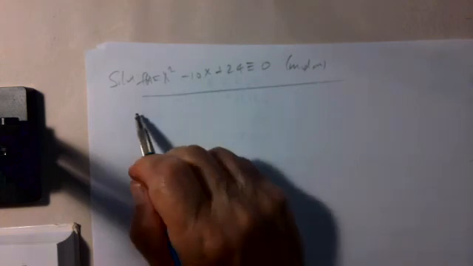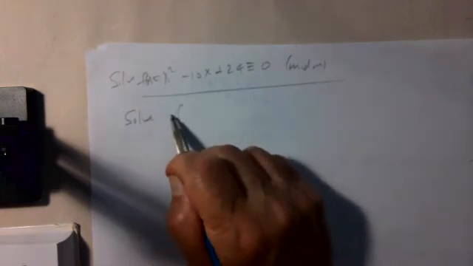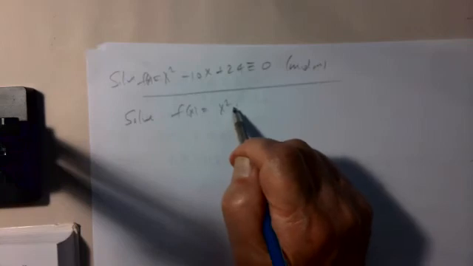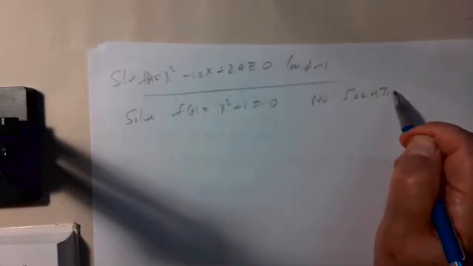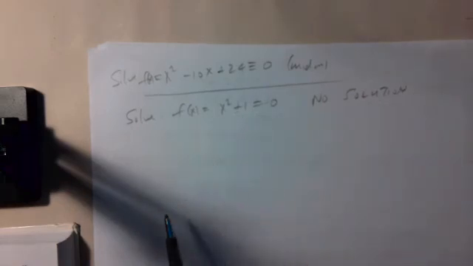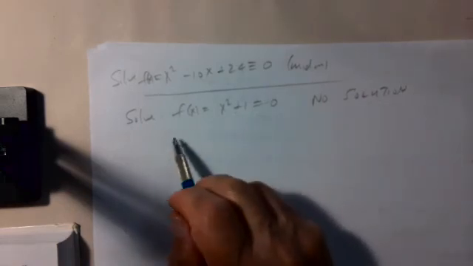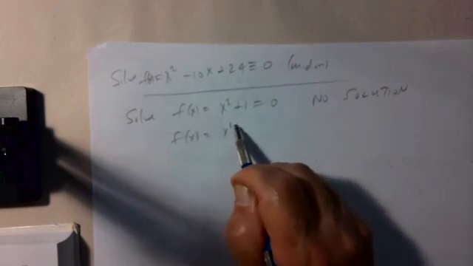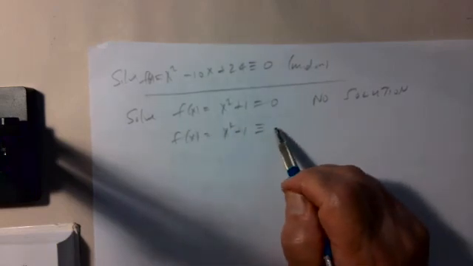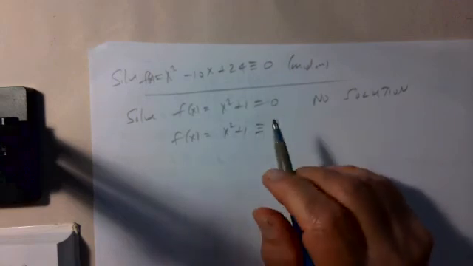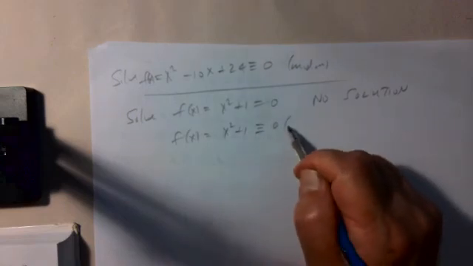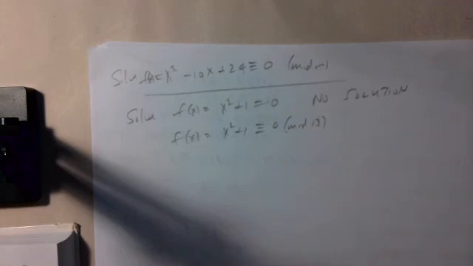For example, in high school, if you had to solve f of x equals x squared plus 1 equals 0, that has no solution. A square is never negative. But if you wanted to solve f of x equals x squared plus 1 congruent to 0 modulo 13, this might have a solution.